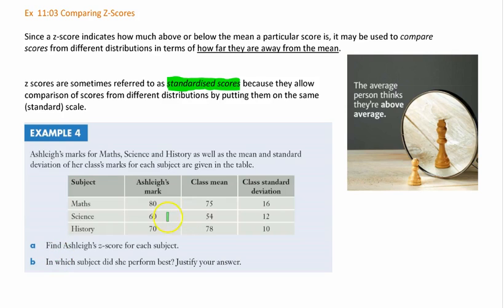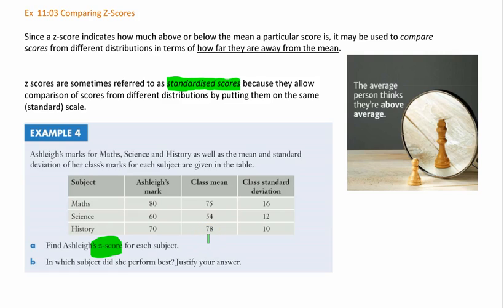If we want to see which one of these, maths or science, which are both above the average, she actually did best in, then we need her Z-score for each subject. We can see that she's not done so well in history because her result's below average. So we're already anticipating a negative Z-score there.